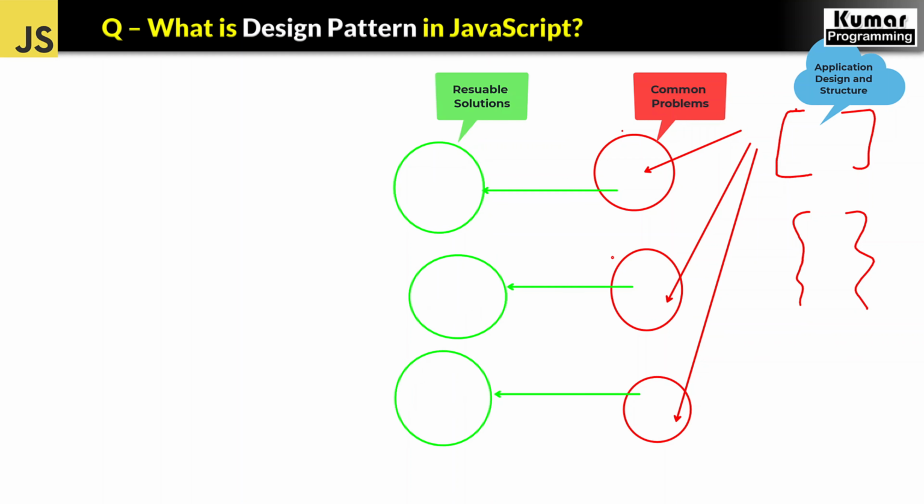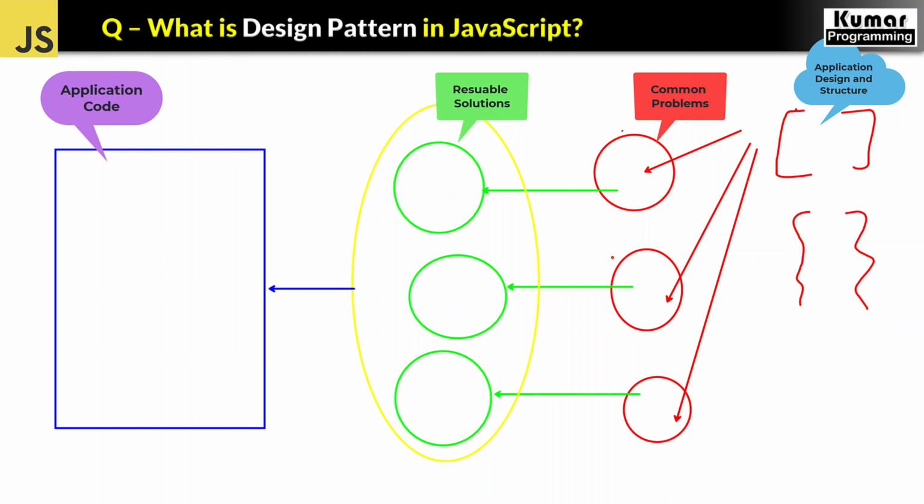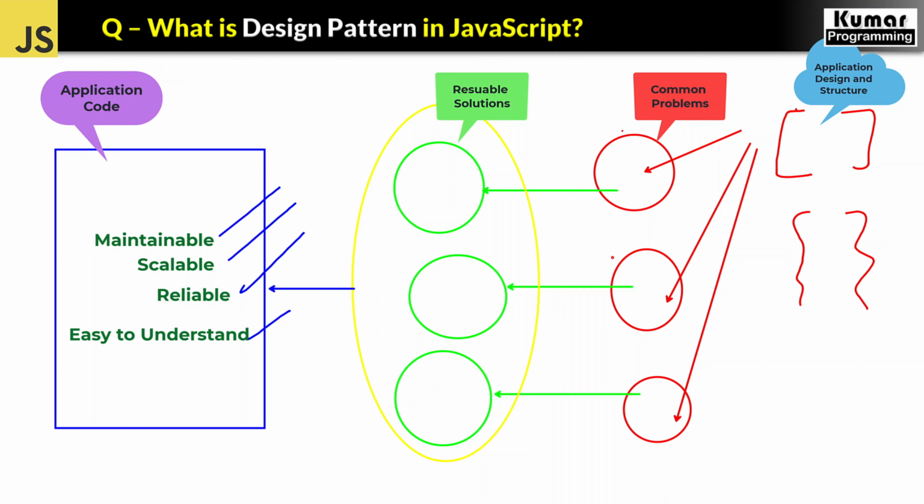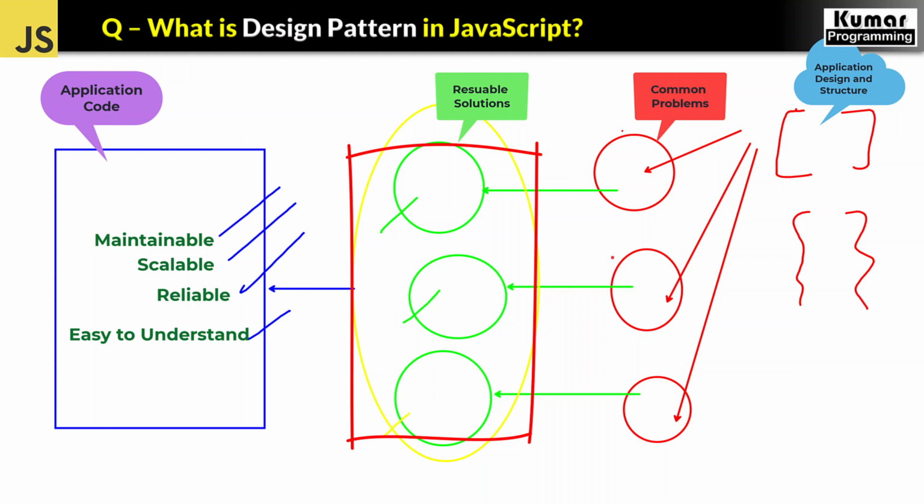And these solutions are specific to the problems. And by using these solutions, a developer can write code which is maintainable, scalable, reliable, and easy to understand. So these reusable solutions are nothing but the design patterns, which solve common problems which developers face while designing and structuring their application.